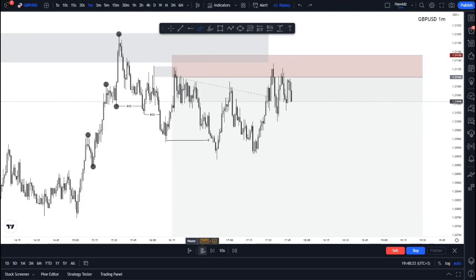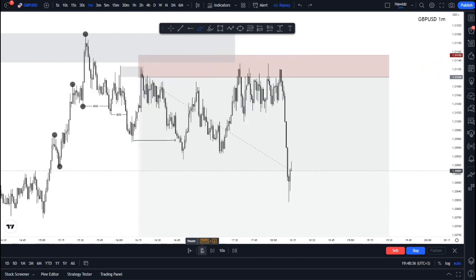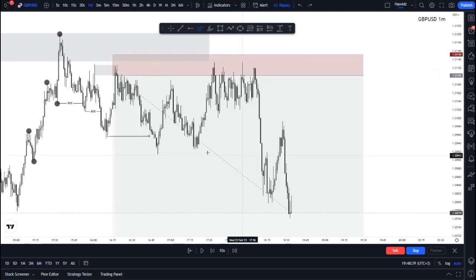Price never breaks that low and then begins to form a sort of range, and then there we go. Price comes here, creates this high, comes down, takes out this low here, which created this high, and then pulls back and breaks again.